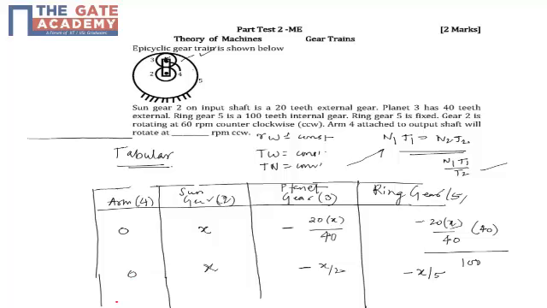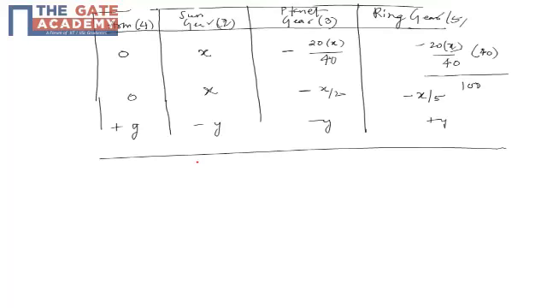Now when I give rotation to the arm, the entire arm rotates with y, so adding y everywhere, the total set of revolutions will be: the sun gear is x plus y, and this is y minus x by 2, and this is y minus x by 5.